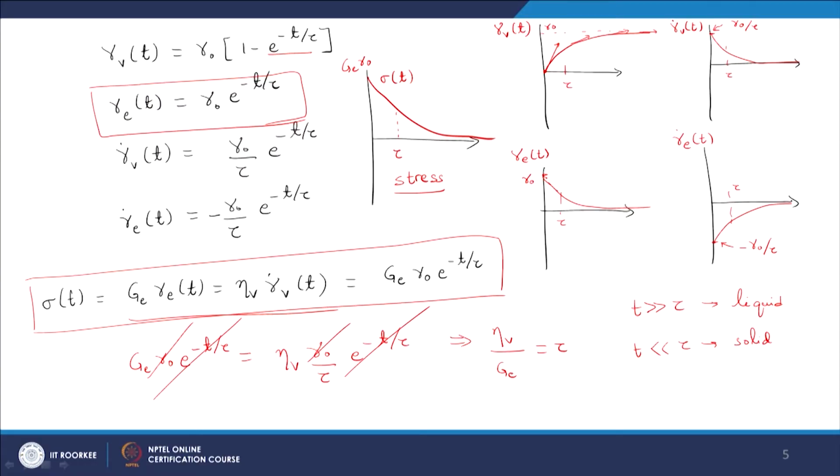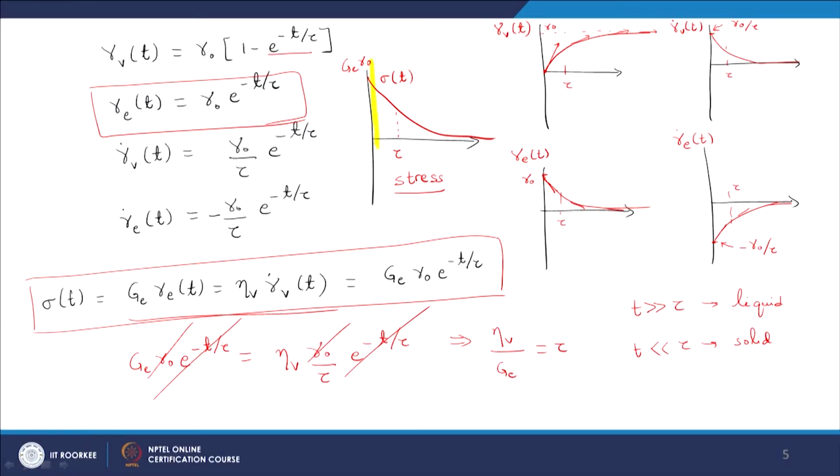The same things are explained by the rates. The rates of decay of the elastic element are decreasing, that is what we see here, and the same is true for the viscous element as well. The only difference is that the viscous element has started from 0, so it is increasing in the amount of shear. On the other hand, the elastic element had started from a highly positive value, so it is decreasing in the amount of shear and eventually it becomes a liquid.